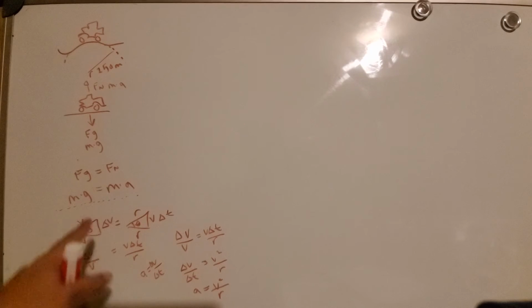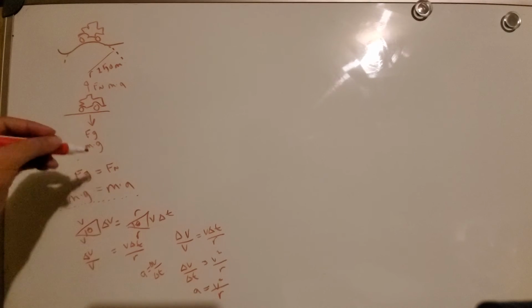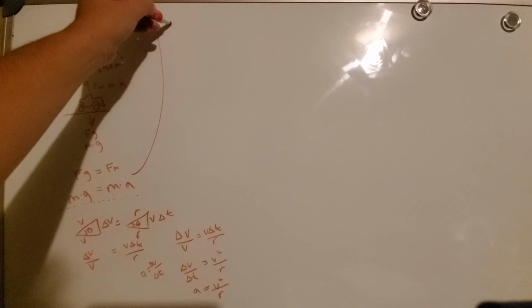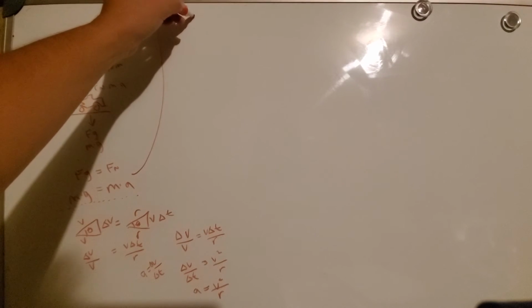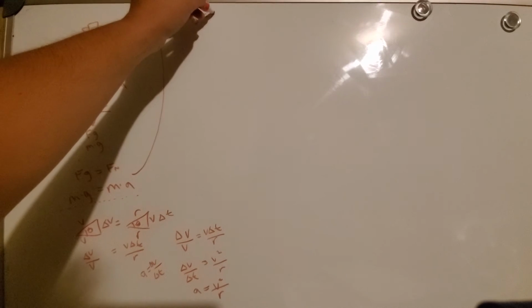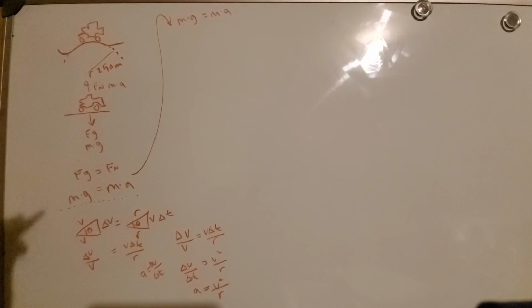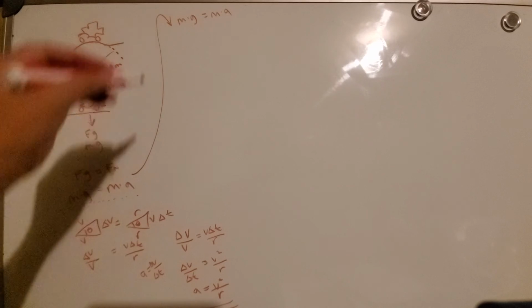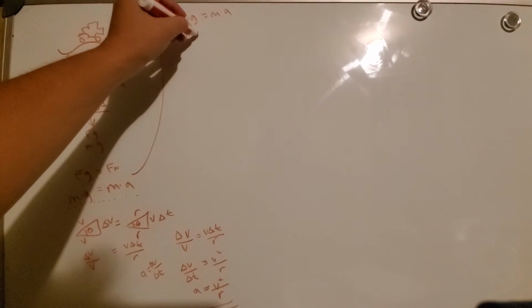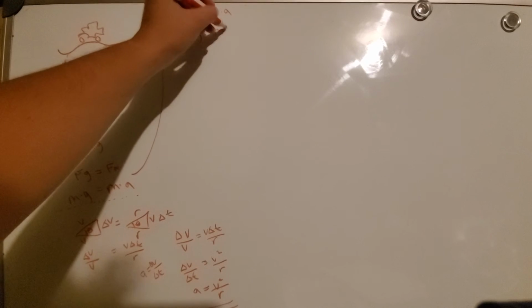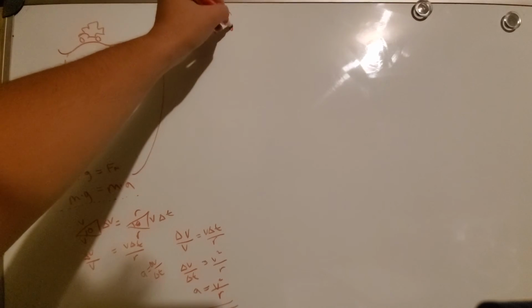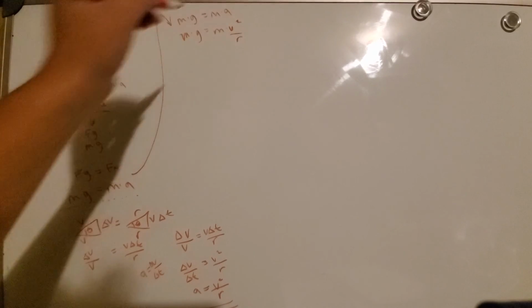Going to this equation here, we'll bring it back up to make it easy. Mass times gravity is equal to mass times acceleration. But we see from here, our acceleration is v squared over r. So now we'll change it: mass times gravity is equal to mass times v squared over r.